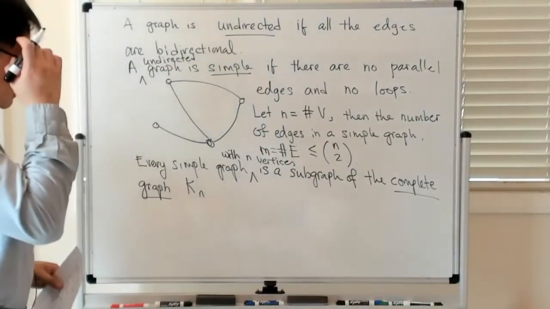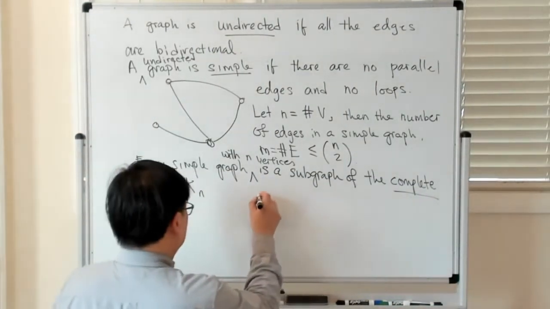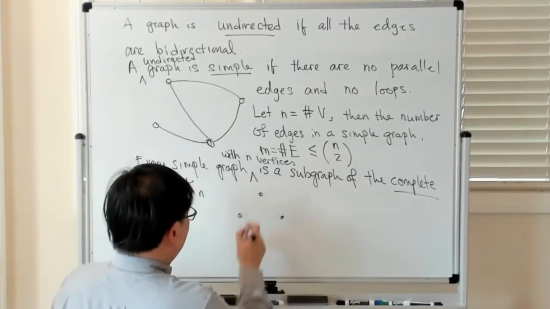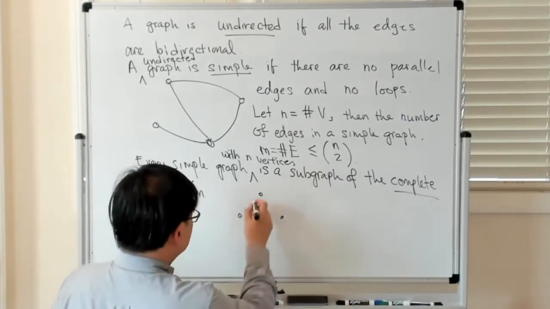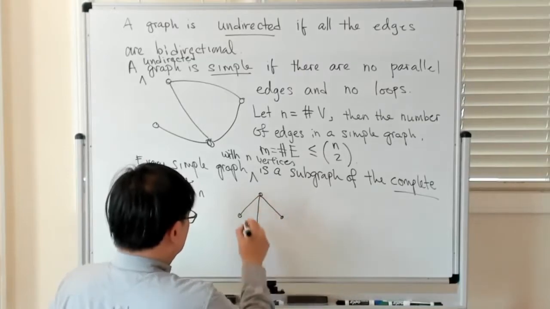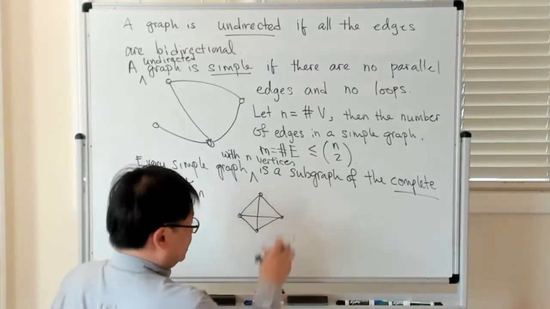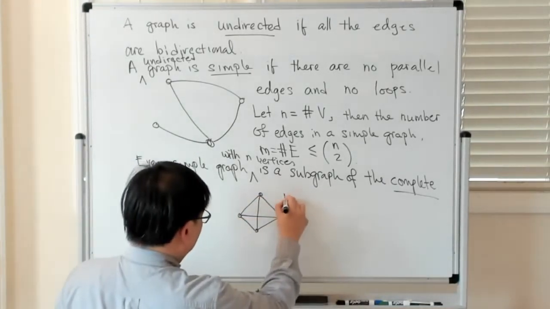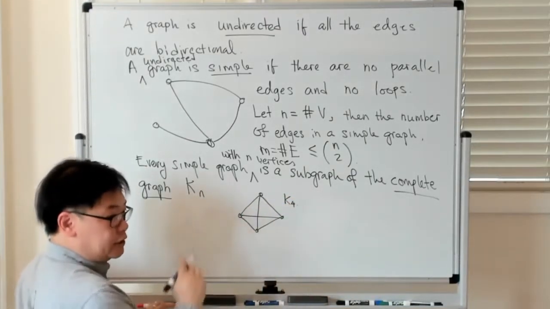What Kn is, as the name implies, is the set of n vertices. Let's just do 4 for now, where every pair of vertices has a corresponding edge. So this is an example of K4, the complete graph with all the edges filled in.